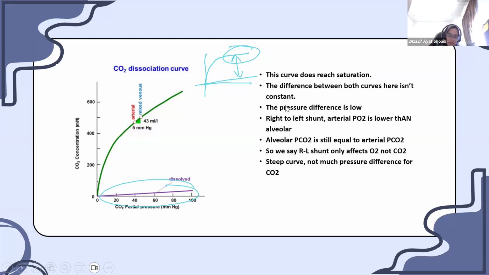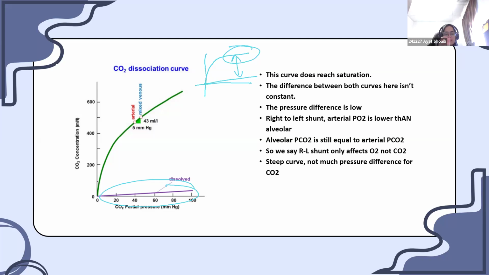Again, you studied this yesterday. Right to left shunt, arterial PO2 is lower than alveolar, and then eventually, carbon dioxide does not have such a huge change in pressure. If you change a little bit, it's not gonna cause a huge change in concentration. Unlike O2, okay? So everything is wrong with O2. PCO2 is like the normal sane gas.